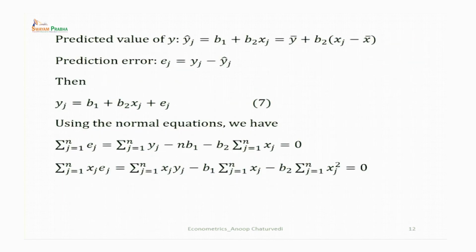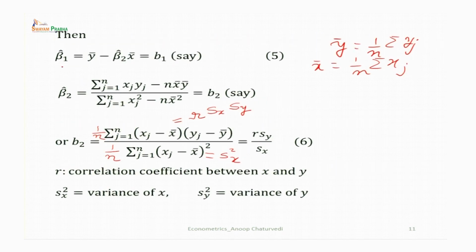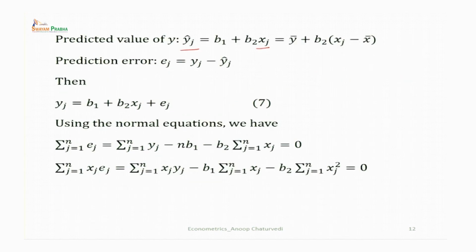Then the predicted value of y, say y j hat, is equal to b 1 plus b 2 x j; corresponding to x j you get this predicted value of y. If we substitute the value of b 1 here, you obtain y j hat is equal to y bar plus b 2 times (x j minus x bar).